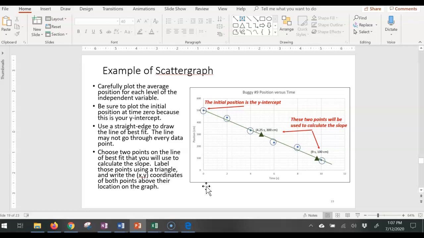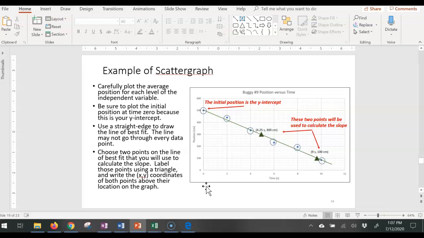We want to carefully plot the average position and draw a point protector circle around each data point. Also, be sure to plot the initial position, right? That was the position of the buggy at time 0, and that represents your y-intercept.